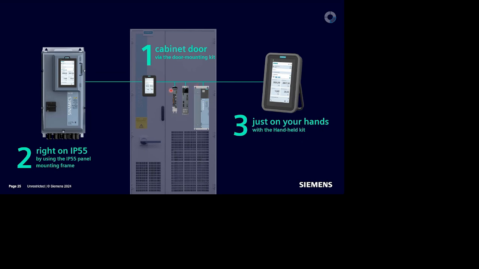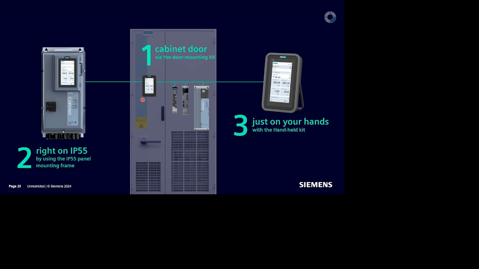For the Sinamics drives to be compatible with the SDI Pro, they need to have this integrated web server. And as I said again, for now we have the Sinamics S200, the Sinamics S210 New, and the Sinamics G220. All of these drives can be connected to the same network, for example, via a switch. And with just one SDI Pro located on the door of the cabinet, you can access all of them.